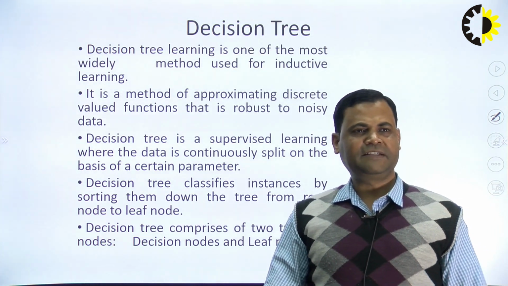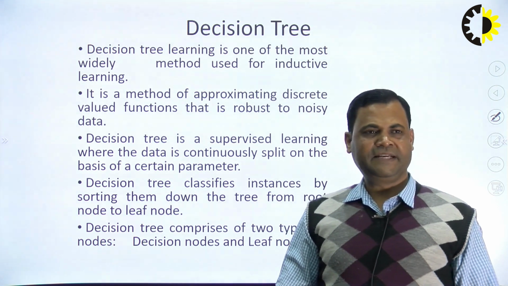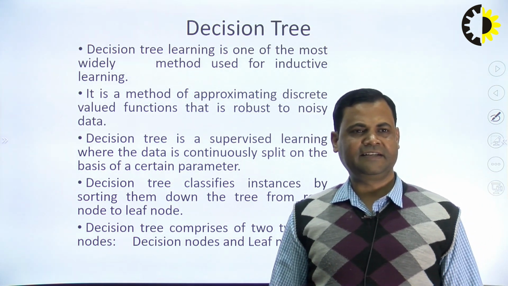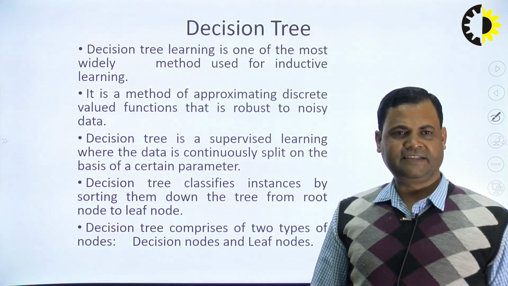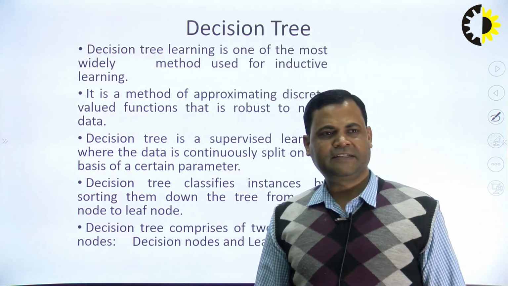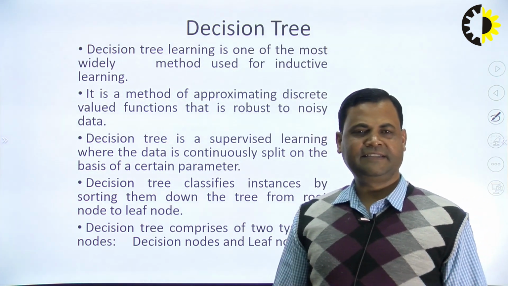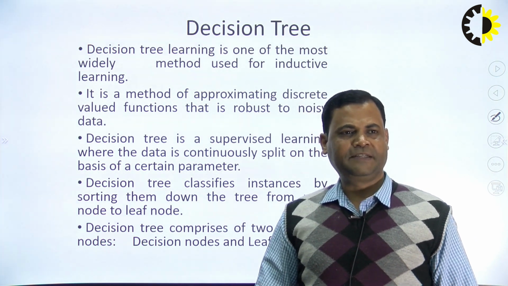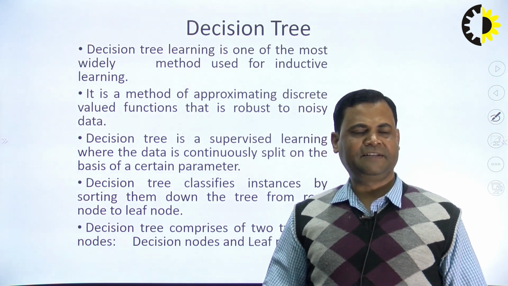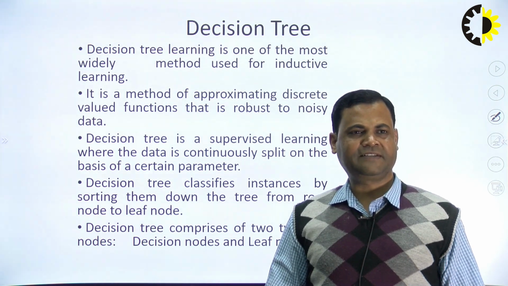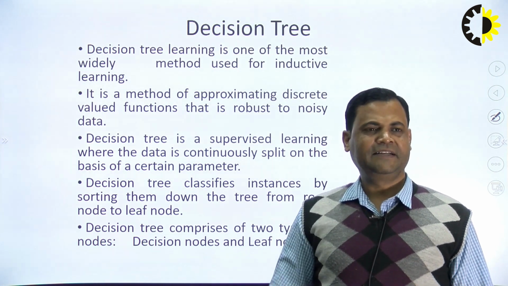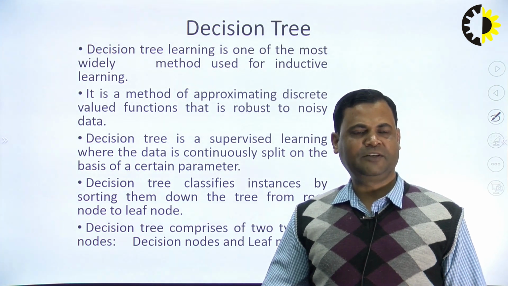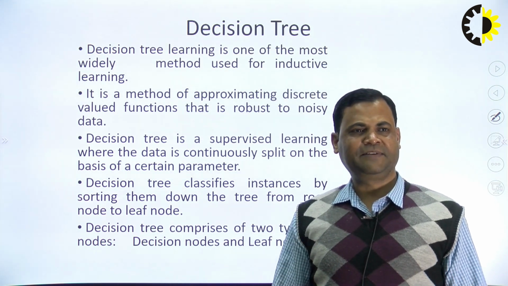So in case of the decision tree, we make a tree-like data structure, and that is called the decision tree. The tree is formed on the basis of certain parameters. These parameters work as the decision to split the tree into different branches.